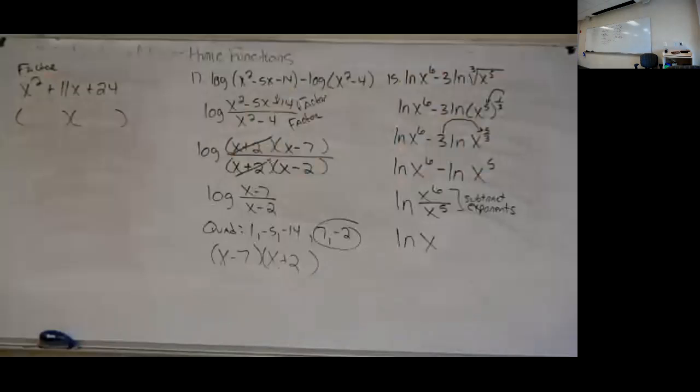Yeah, program number 7. It'll actually factor it for you, and you don't have to do all that quad stuff. Same thing as quad, like I had quad like 1, -5, -14, so it'd be like 1, 11, 24. Yeah, try that real quick. That get you back there?